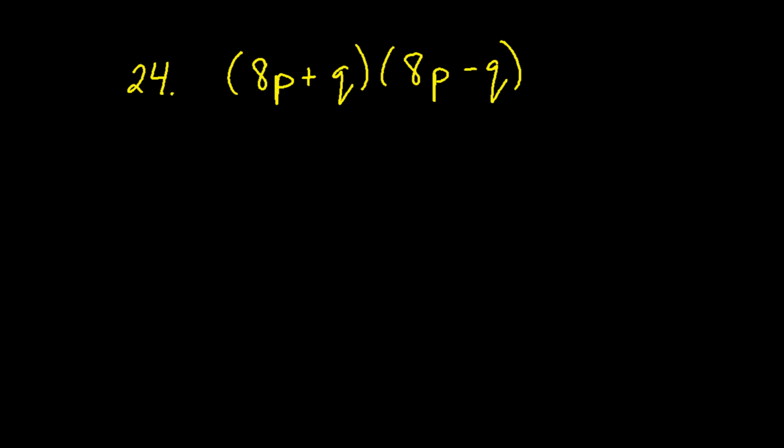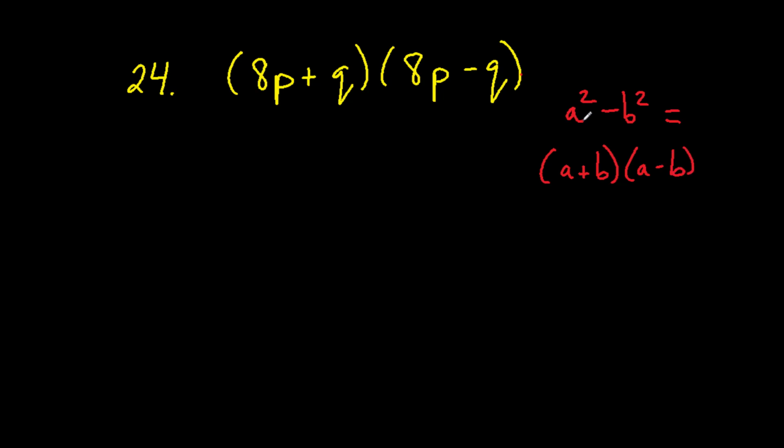Here is another multiplication of two binomials, but you might notice that this problem involves the difference of two perfect squares formula, which is a squared minus b squared factors into a plus b times a minus b.